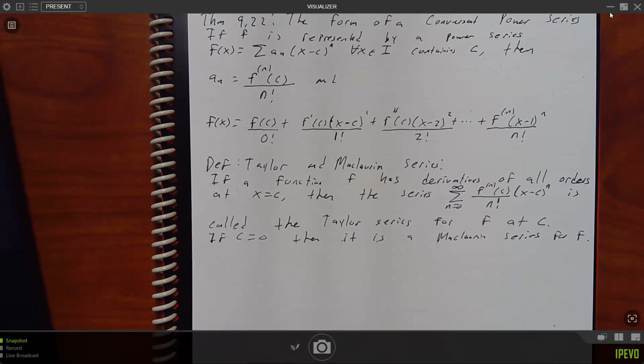This will work with almost any function as long as you can keep taking derivatives. If the function kind of fades out right away, then it's not going to work. For example, x cubed, you would not do Taylor. But sine functions, e to the x, square root functions, rational expressions, most functions will stick around, so they can be represented.